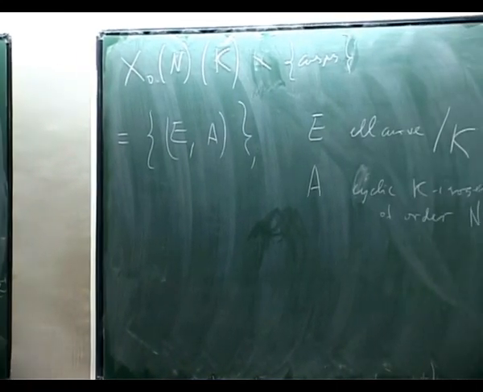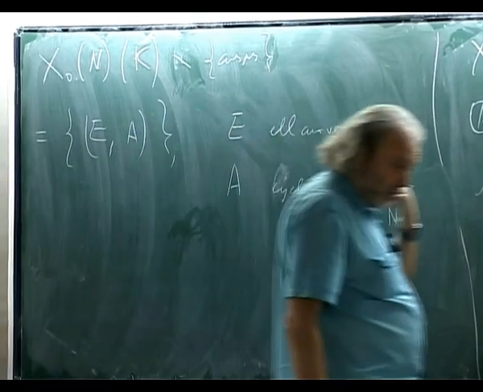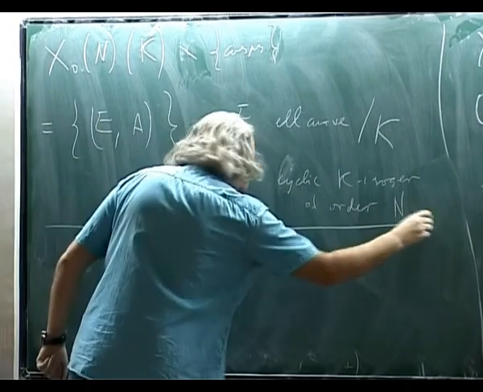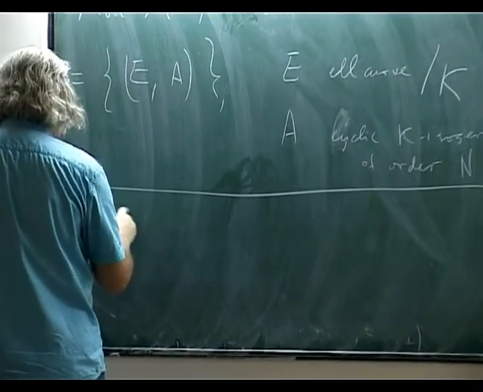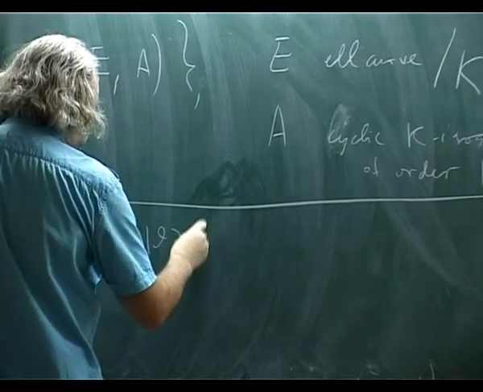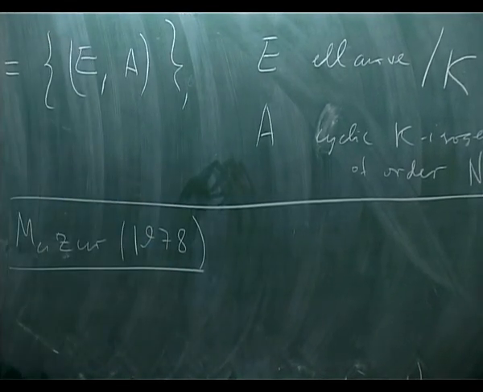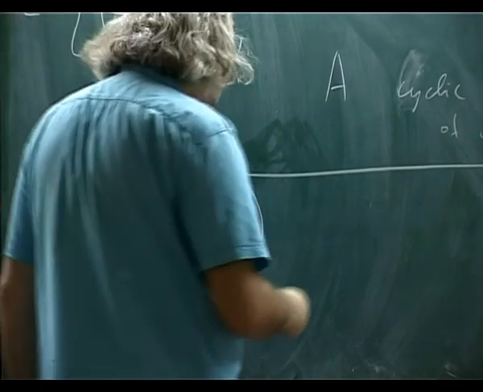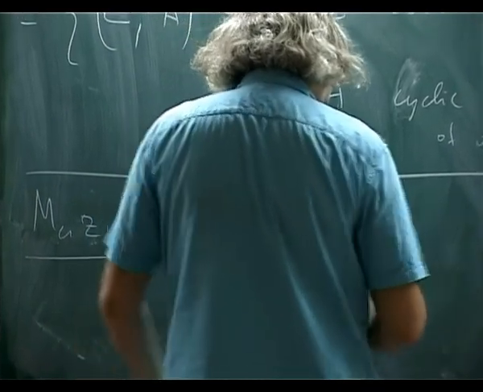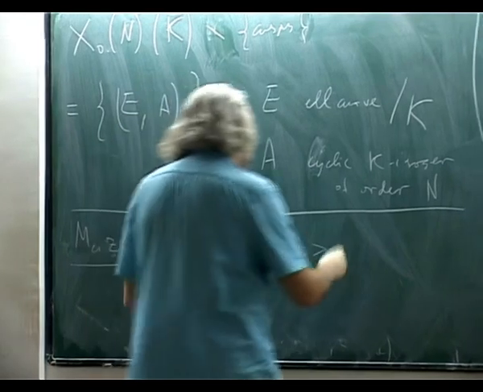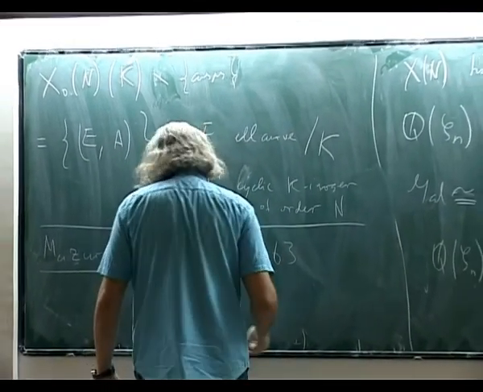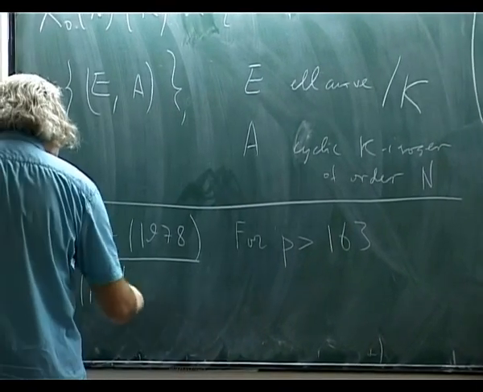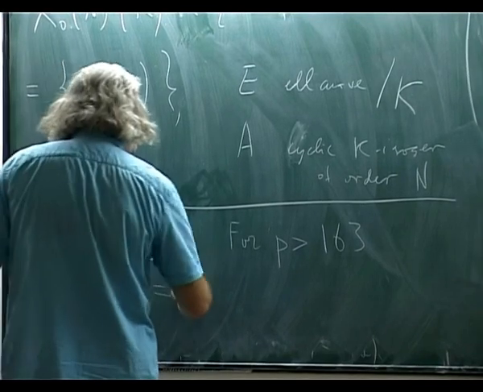And here there is, for instance, a wonderful and very non-trivial theorem by Barry Mazur, called rational isogenies of prime degree, that for P greater than 163, X0 of P, P a prime number, over Q consists only of the cusps.